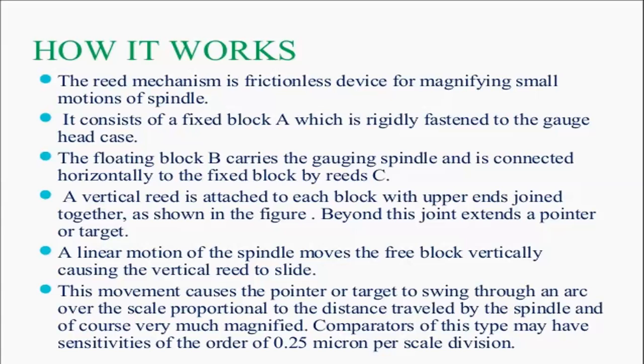The linear motion of the spindle moves the free block vertically, causing the vertical reed to slide. This allows the vertical linear motion to slide on each element. The pointer is attached to the vertical reed, and this slides with the help of a bearing. So when we fix these vertical reeds with a free block, they are attached freely.